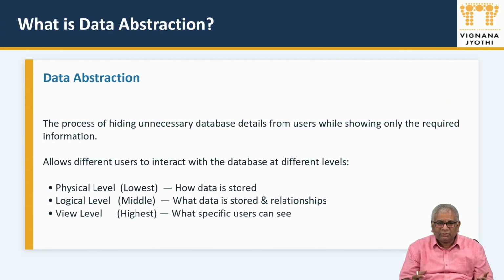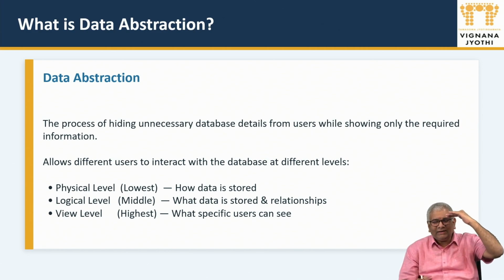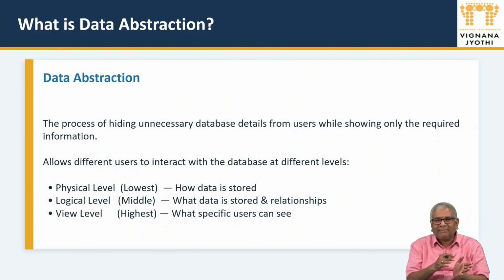So what are those levels? Predominantly, there are three levels: physical level, logical level, and view level. The view level is the highest level, which people without much knowledge of databases and DBMS can also use. Let's take an example of airline reservation.